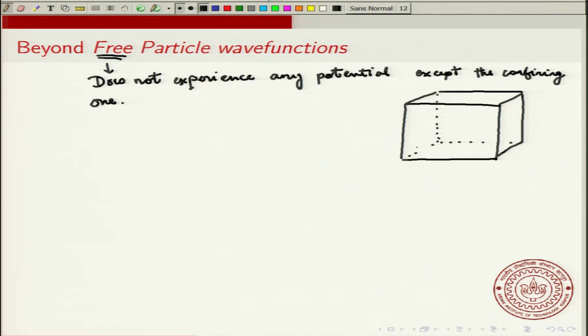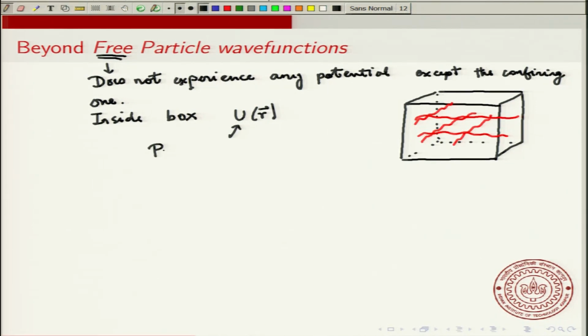It is in that sense that they are free and they do not see any potential, they do not interact inside the box, the potential of interaction is 0. So, inside the box u of r, which is the potential energy function, is equal to 0.